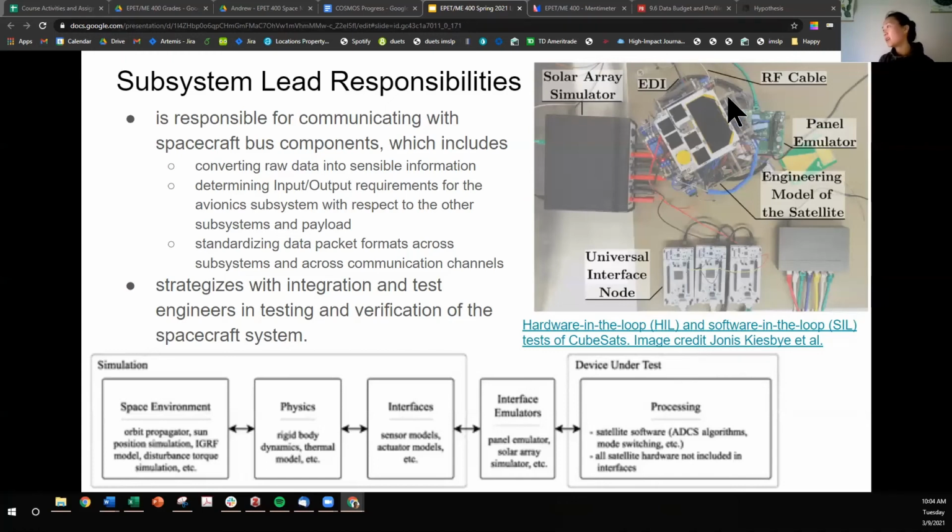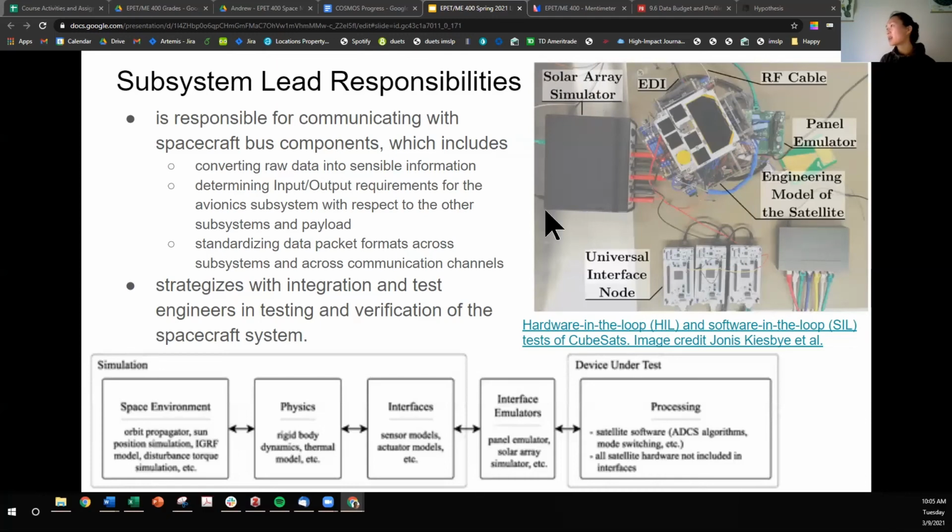So here you see there's this husked out spacecraft with a solar panel that is under test. There are a lot of subsystems that are kind of peripherally supporting this device under test. You see a panel emulator. You see a solar array simulator. That is not how we do it in space, but it is what's simulating signals that you would see in space.